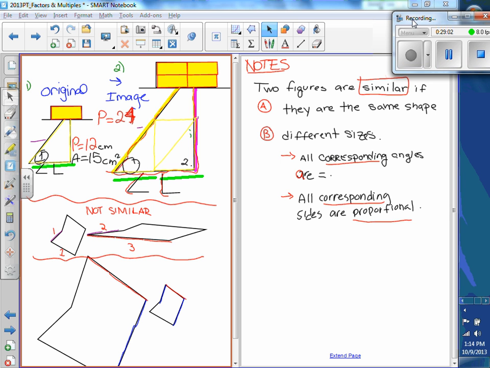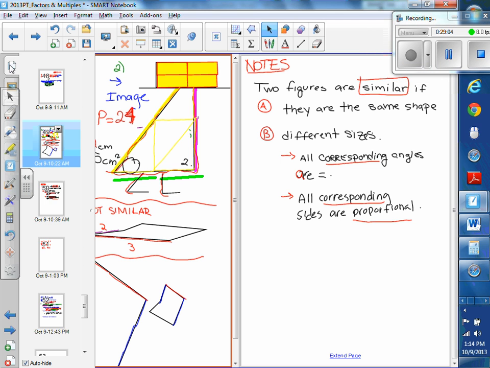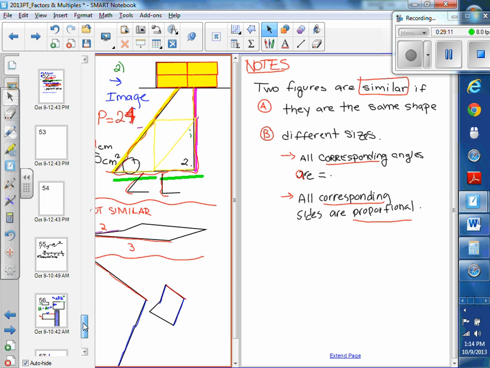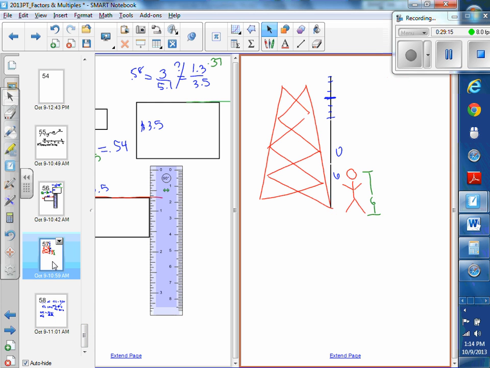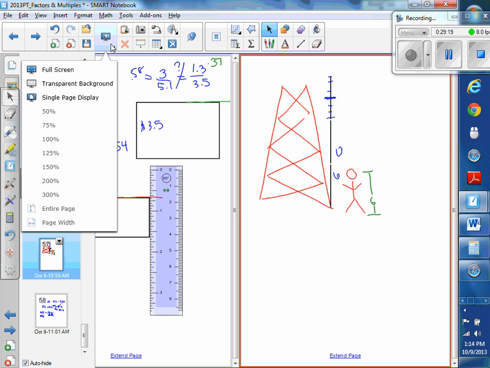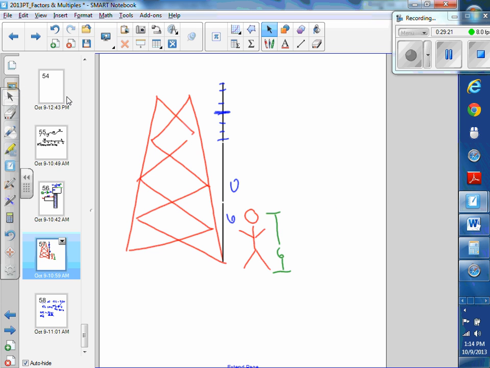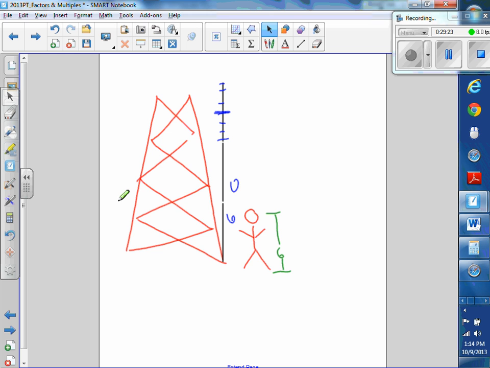Okay, one thing about your homework that's really important before you all start getting up and walking away like you've been excused, because you haven't, is you're going to see in your homework a tower problem. Just relax. It just says if a man on the ground is about 6 feet tall, about how high is the tower?